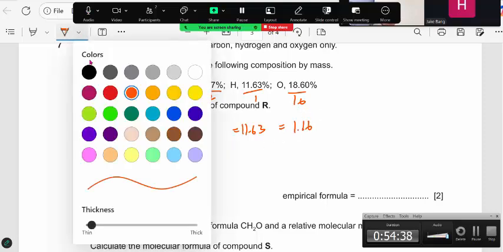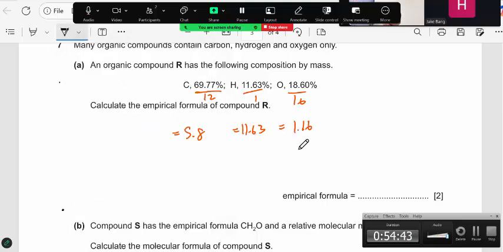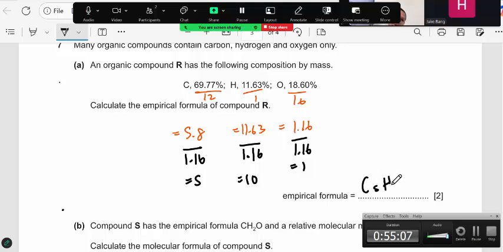You divide by the smallest number. Who's the smallest number? 1.16. So C5H10O. Did you get it correct?